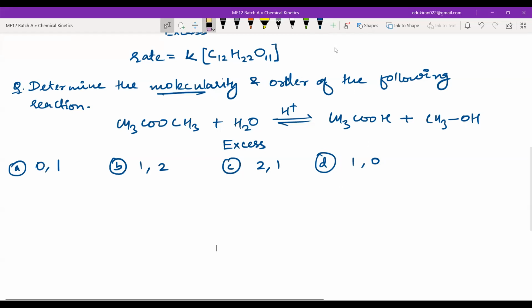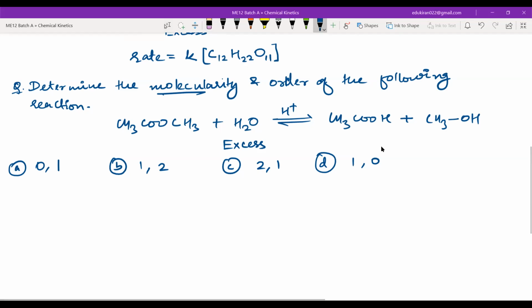So what I was saying is that if you have a reaction in which one of the reactants is in excess, that means if we change the concentration of that reactant, it will not much affect the rate of the reaction. If something is in very much excess, it is not very much consumed while the reaction is going on. That is why in the rate equation we will not write H2O.